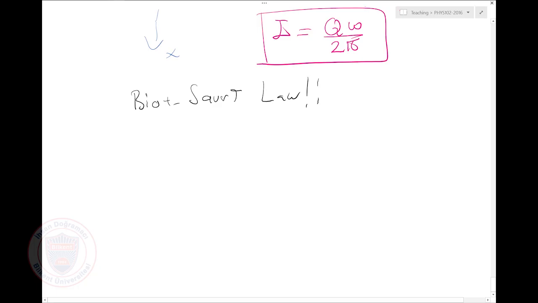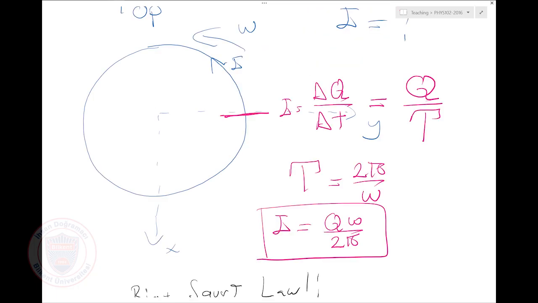And for that, what am I going to do? I'm going to split up my ring into small sections. Alright? And that I will do by taking a small section that sees an angle d theta, which is at an angle theta. But now, again, I have to be very careful. Which way would the final magnetic field point?